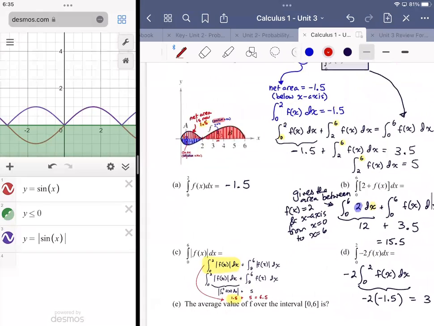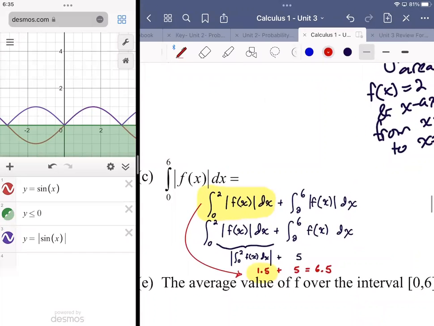The other is the process of applying the absolute value function to an integral only works if the function over the interval is entirely below the axis or above the axis.